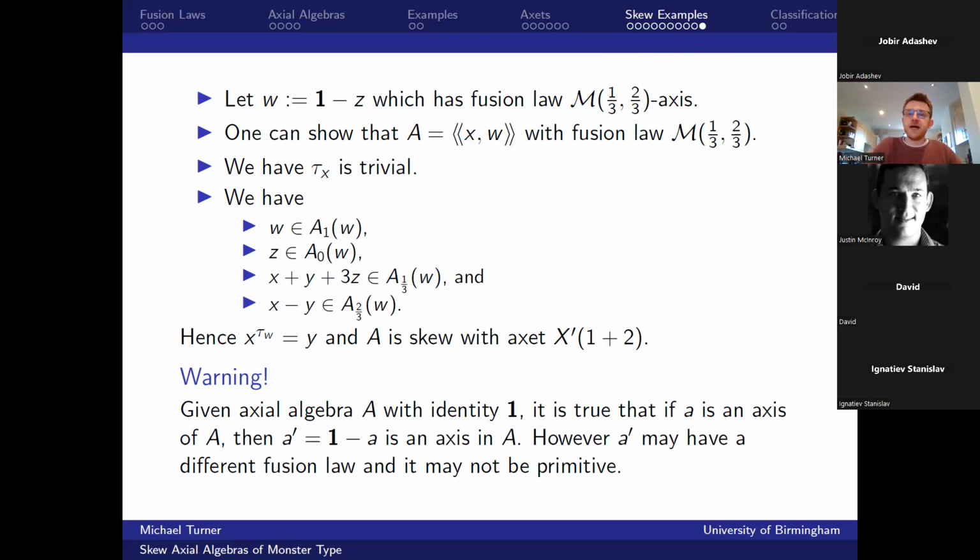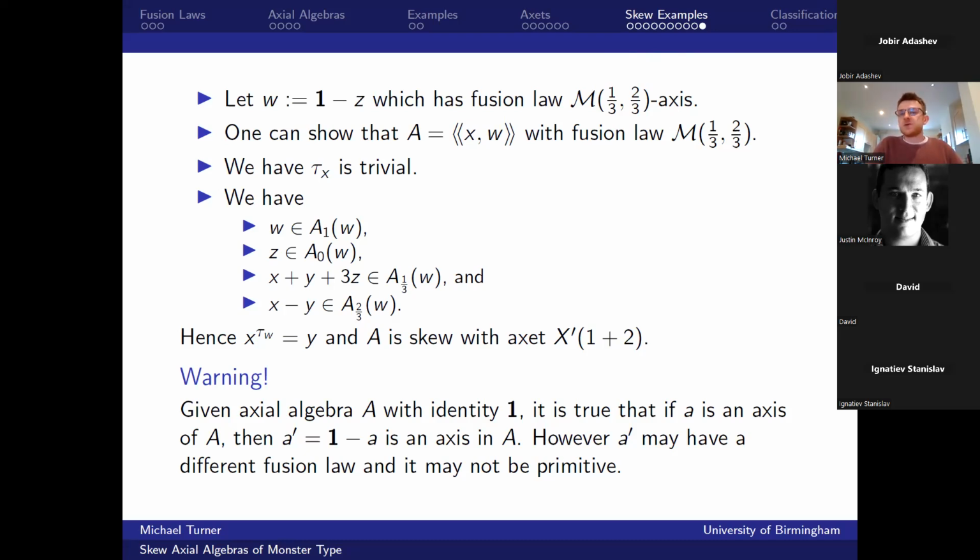We can then show that A is going to be two-generated, generated by X and W, and it has the fusion law monster 1/3, 2/3. Again, tau X is going to be trivial because it's just a Jordan 1/3 axis, so it's got no beta eigenspace, so the Miyamoto involution acts trivially.